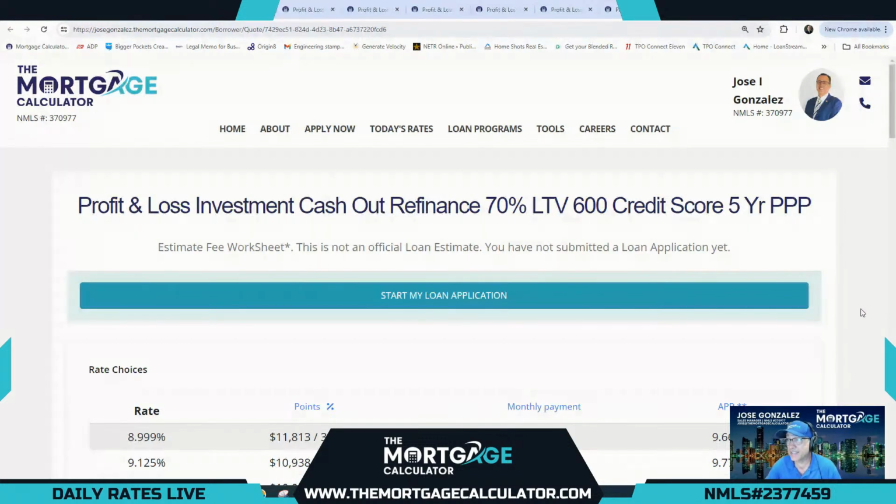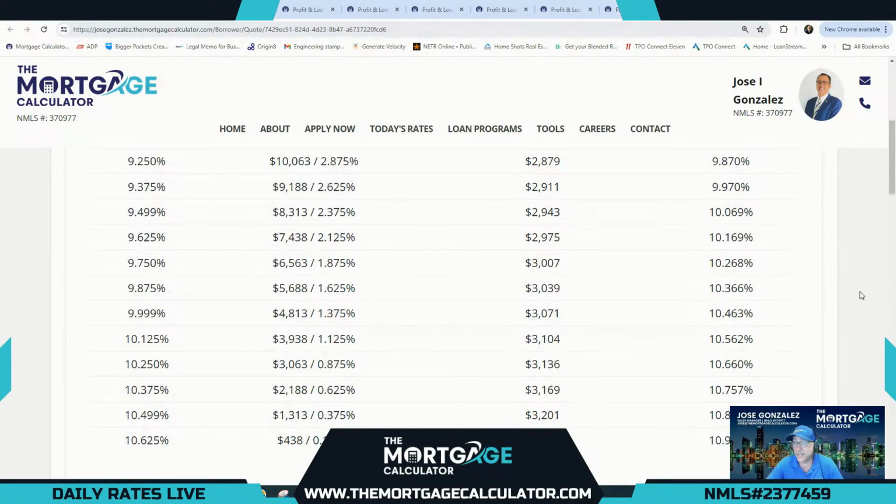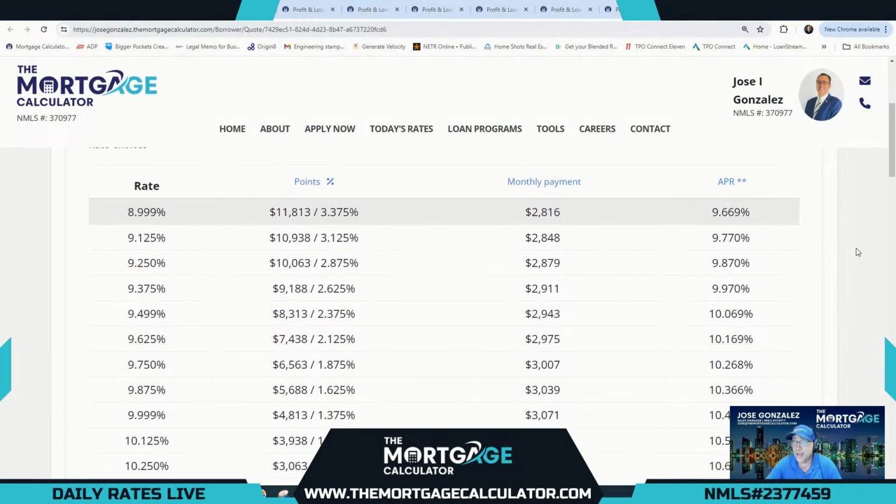And our last example here at a 70%, that's 70% LTV with a 600 credit score. Again, our lowest credit score option. I did this one for an investment, which would be typically the highest risk loan, 5-year PPP, and still amazing rates considering everything that's involved here. 10.625%, almost at par.